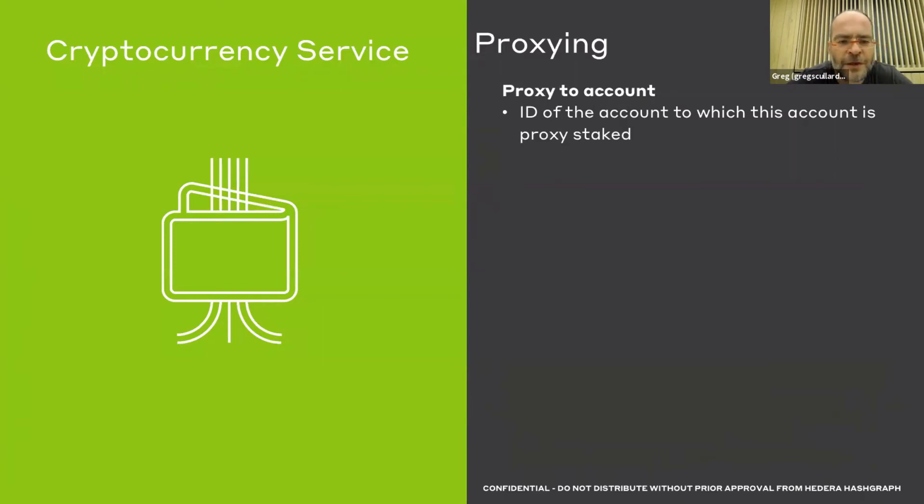So an account has to be identified independently of the public keys or public key that represents it or that secures it. So an account ID, and this applies to file IDs and smart contract IDs, are a combination of a realm number, a shard number, and an account, file or contract number.